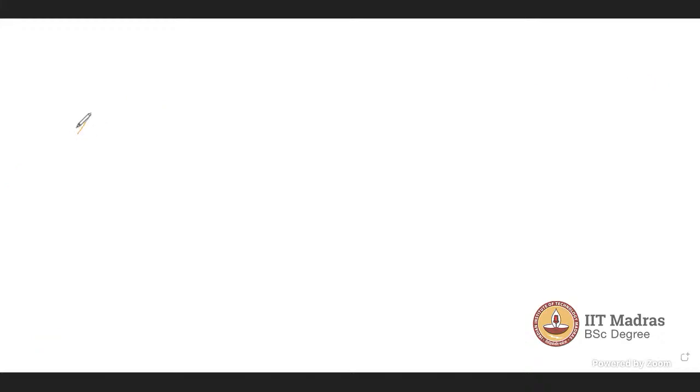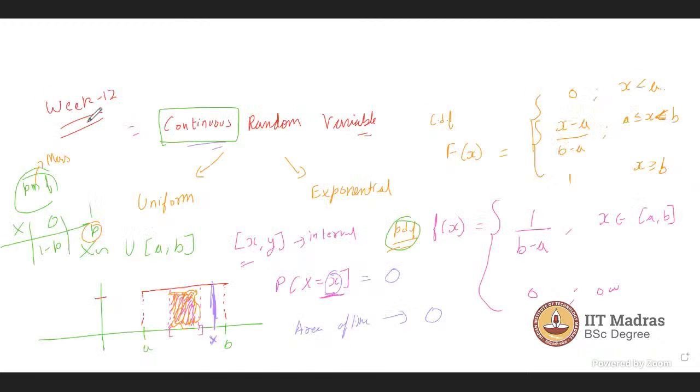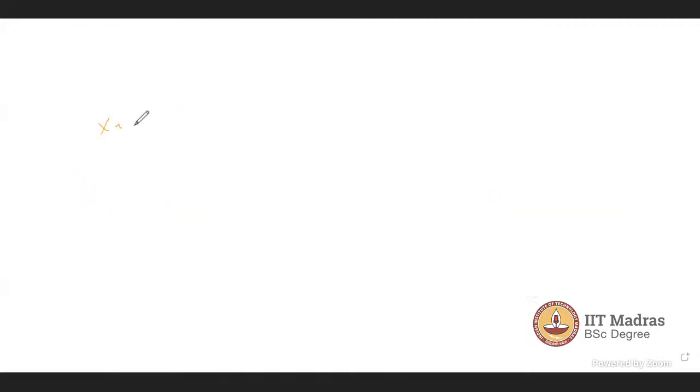Similarly, if X follows exponential, okay, before that, if X follows uniform a comma b, then the expected value of a uniform is nothing but a plus b by 2, right? And the variance of X is b minus a whole square by 12.